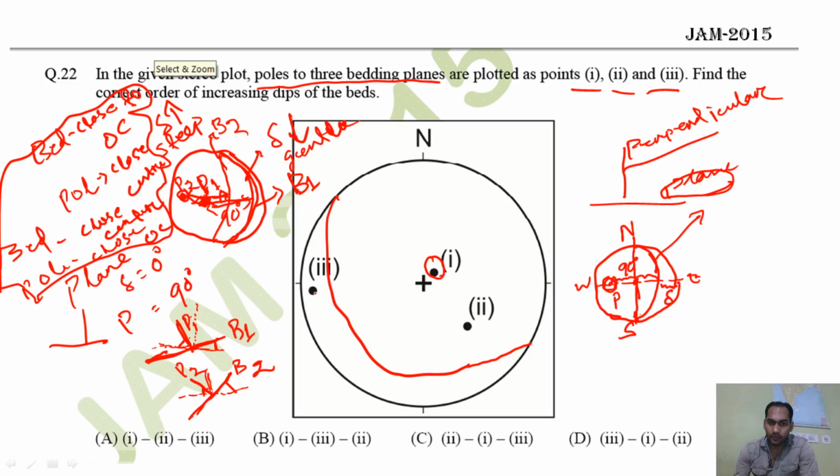And 3 is close to the outer circle, so the plane might be like this, right? So this is plane 3. This is plane 1. Why? 1 is close to the center, so plane 1 will be close to the outer circle. 3 is close to the outer circle, so the plane will be close to the center. 2 will be intermediate. So it is asking what?